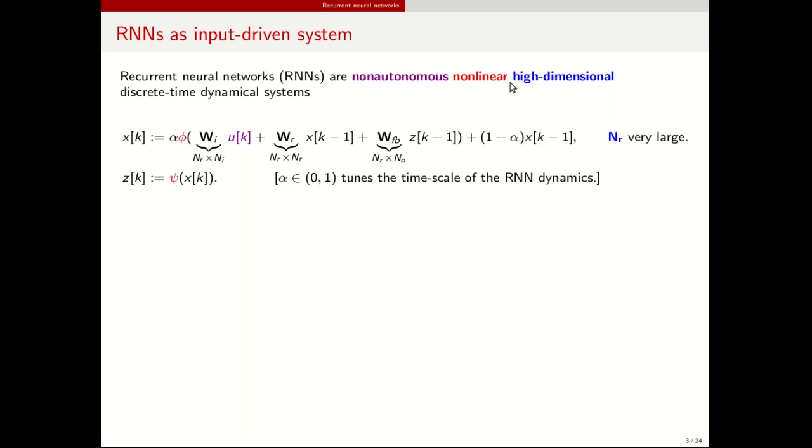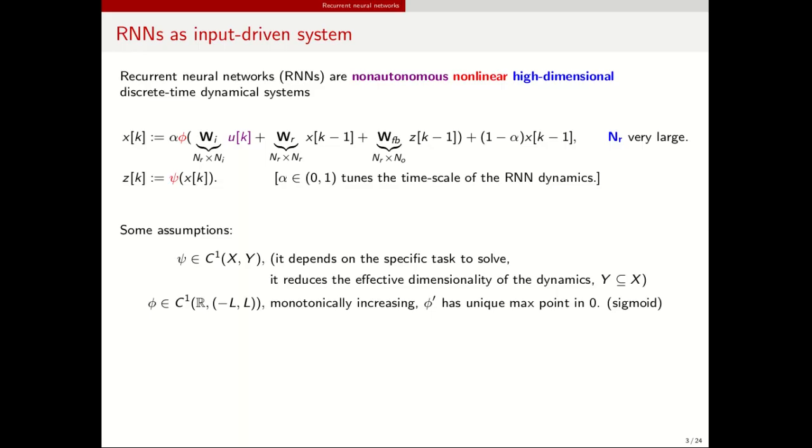And it is usually very high dimensional, since there can be thousands or even millions or billions of dimensions. So these matrices here will usually be very, very large, as well as this vector x.